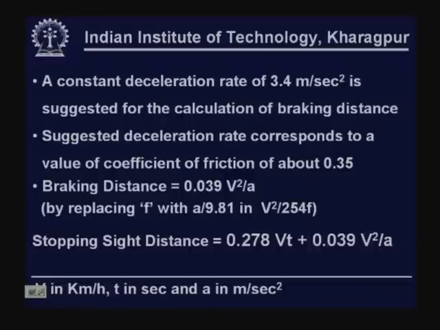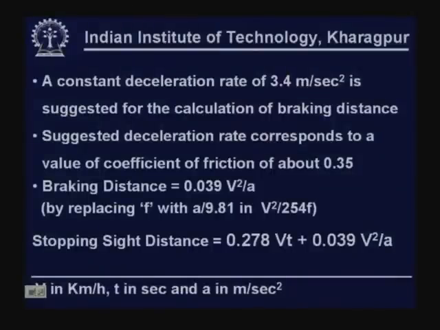It is basically the earlier equation v square by 254 f. If we replace f by a by 9.8, 9.8 is the value of g, then we will get this equation, that is braking distance equal to 0.039 v square by a. V is in kilometer per hour and a is in meter per second square.